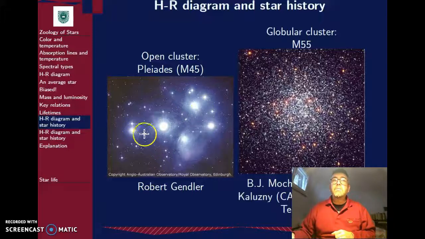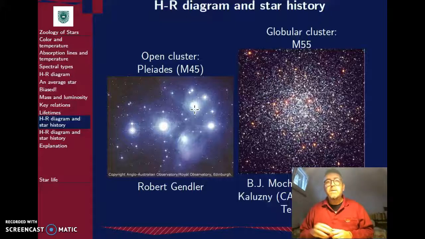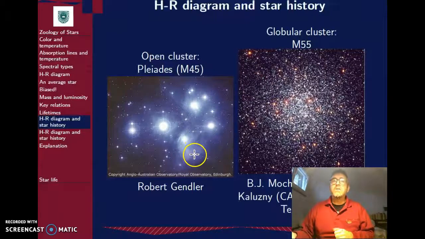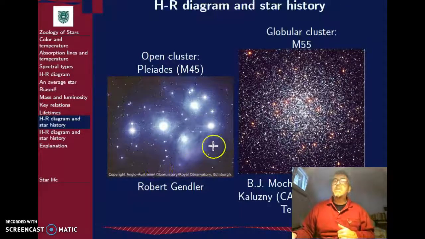These are blue stars, and you can guess, since they are blue, can they be very old? Probably not, because we have seen that blue stars cannot live longer than 3 million years. So in terms of the universe, this is a very young cluster.